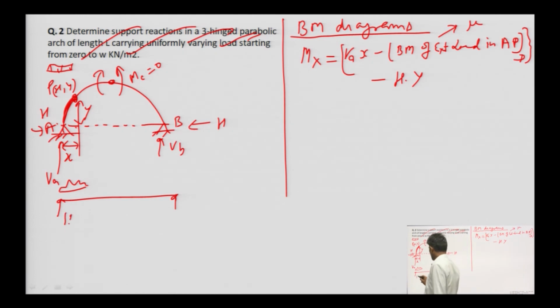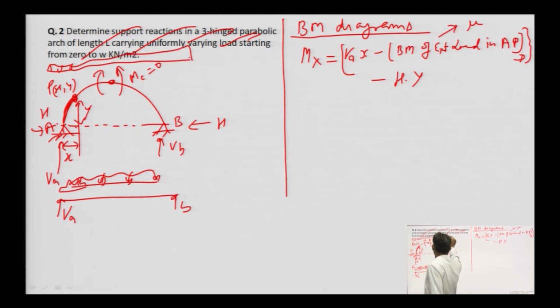So, for the plotting of the beam moment, say this is VA and this is VB, and this beam has any type of loading. Whatever the load is, it should be treated as a horizontal member, as in a beam.